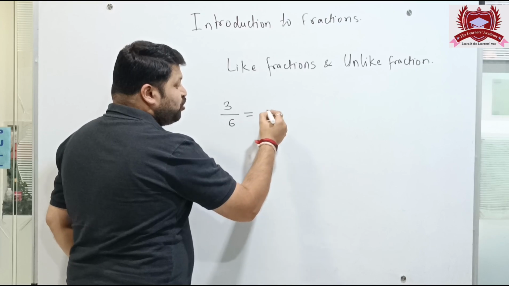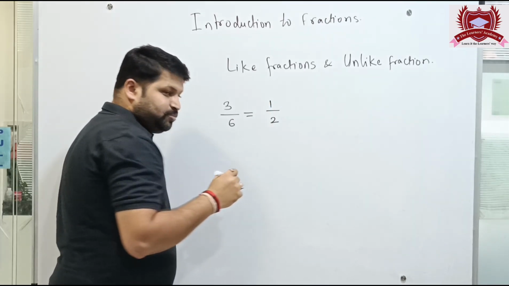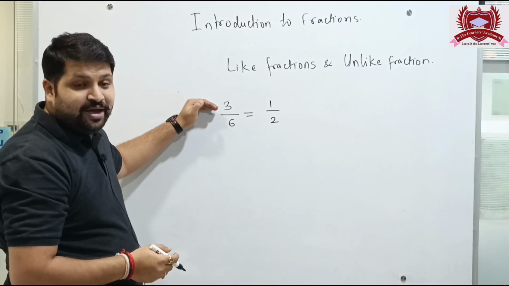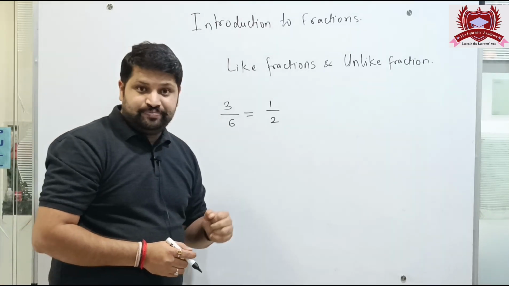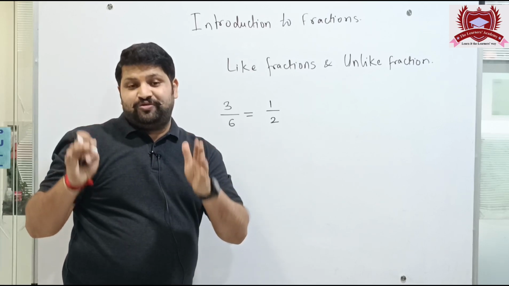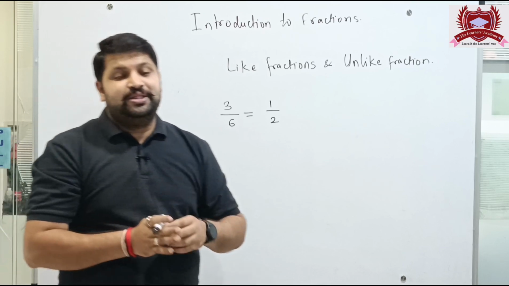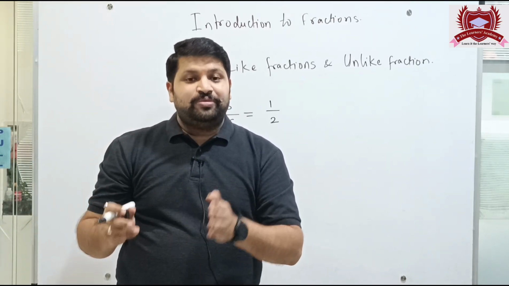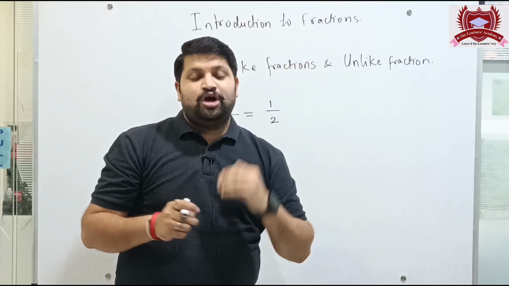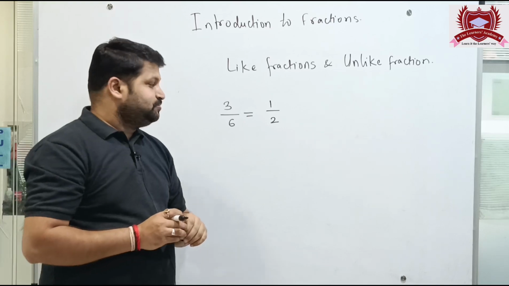So the simplest form of this fraction would be 1 by 2, because if I divide 3 by 3, I get 1, and 6 by 3, I get 1. So whenever I talk about fractions, I have to consider them in their simplest form. What do I mean by simplest form? It is that they should have nothing common between the numerator and the denominator.